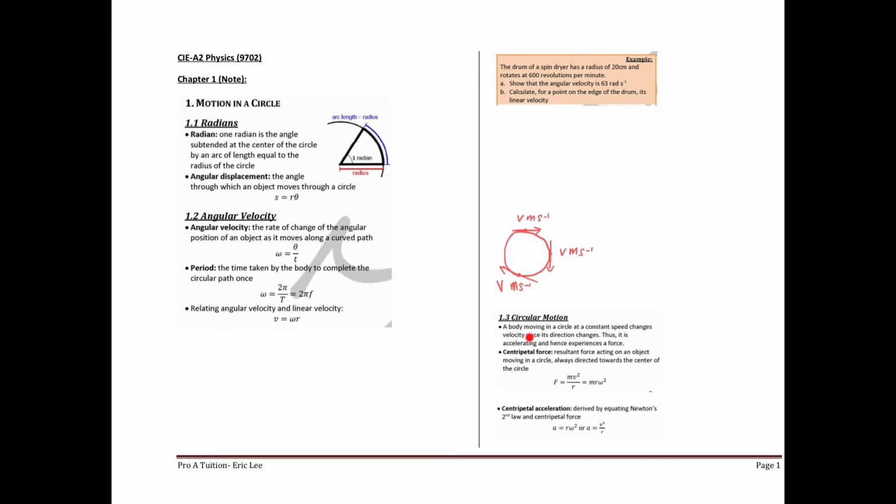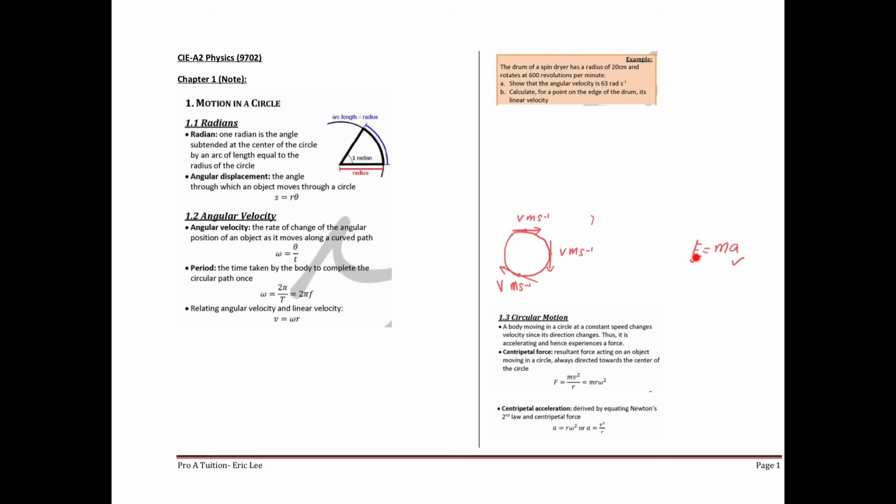At the same time, when you look at Newton's second law, F equals ma, when you have a value for acceleration, then you should have a value for F. That's why the statement mentioned that the particle experiences a force. So we have a force because of that.